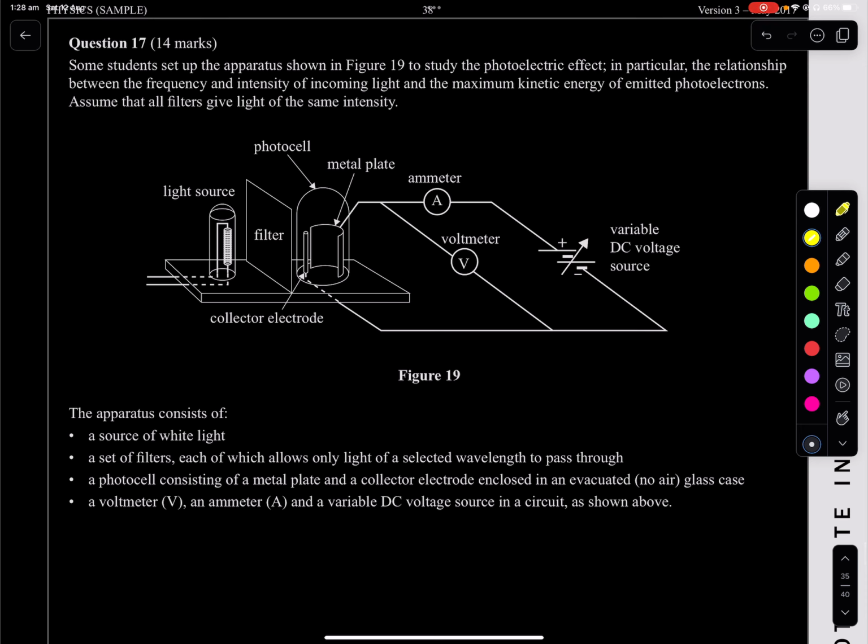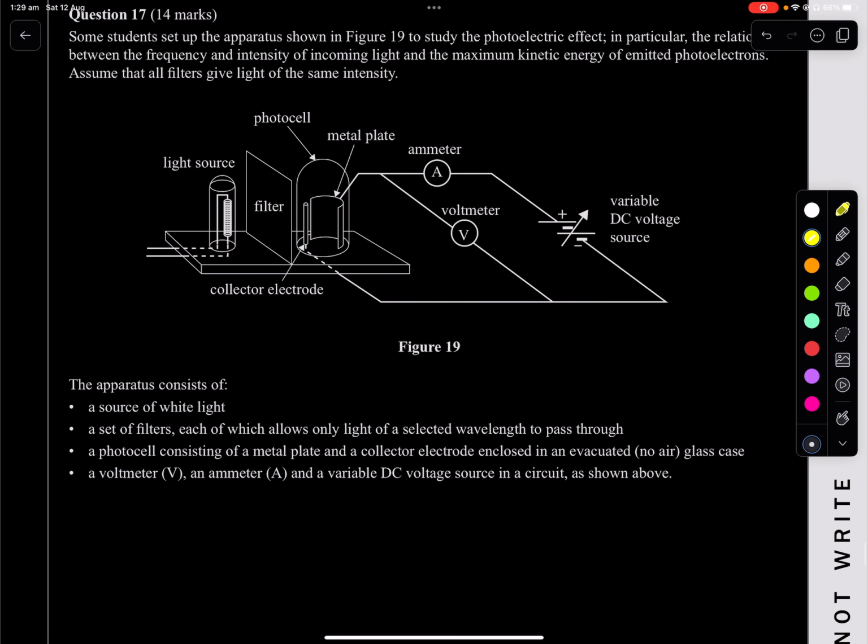Question 17. Some students set up the apparatus shown in figure 19 to study the photoelectric effect. In particular, the relationship between the frequency and the intensity of incoming light and the maximum kinetic energy of the emitted photoelectron. Assume that all filters give the light the same intensity.